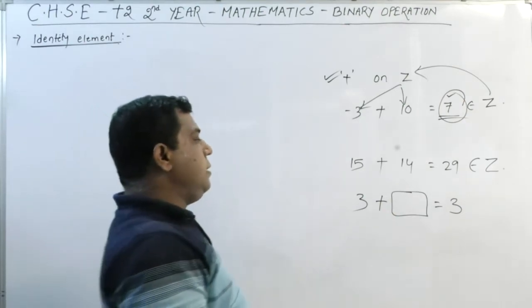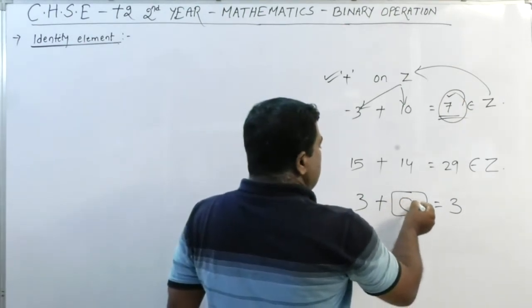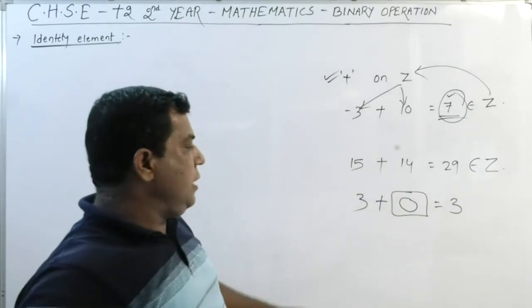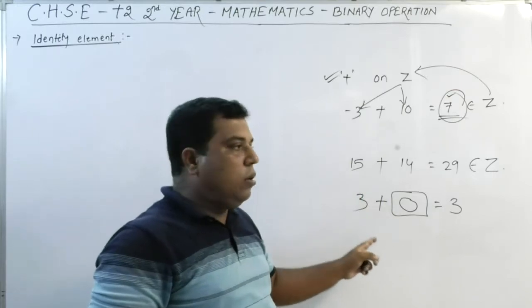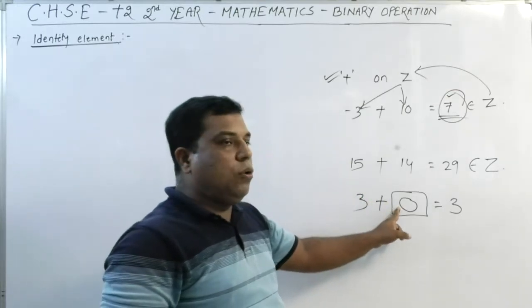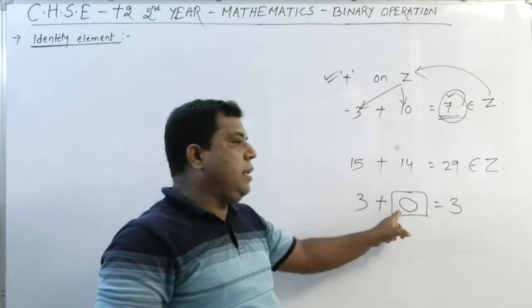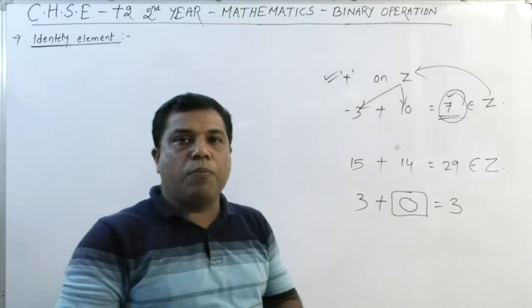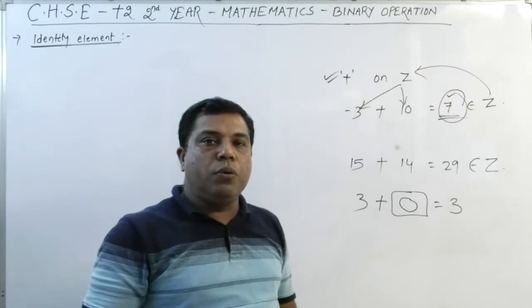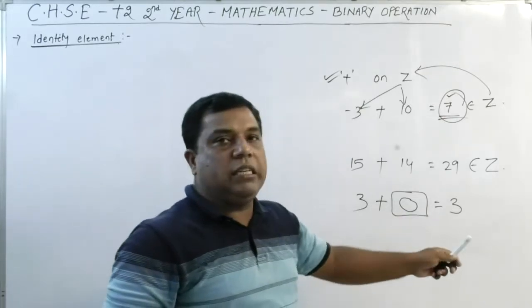Yes, it is 0. So you can see that with this binary operation addition, we get an element 0 which can add with 3, but after the process, after the output, 3 remains as it is.